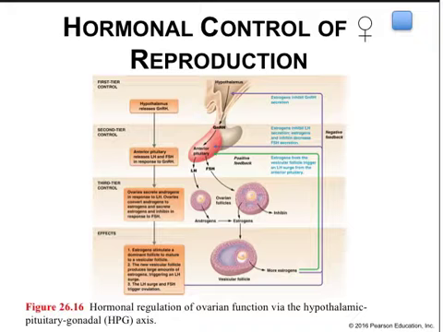The corpus luteum kicks out additional progesterone, estrogen, and inhibin. Increased levels of estrogen and inhibin exert negative feedback on the hypothalamus and pituitary. The estrogen inhibits the GnRH and LH secretion, while the inhibin inhibits FSH secretion, and this prevents any other primary follicles from beginning development too early.